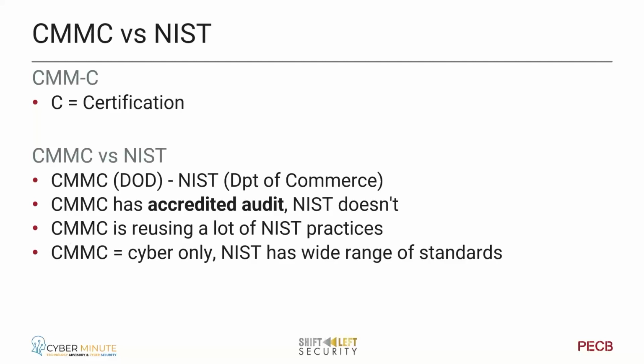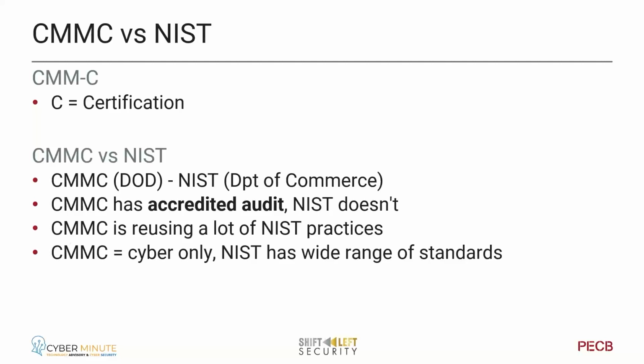Again, also be aware that the CMMC is sourced from the Department of Defense, while the NIST best practices system and framework is actually handled and managed by the US Department of Commerce, right?